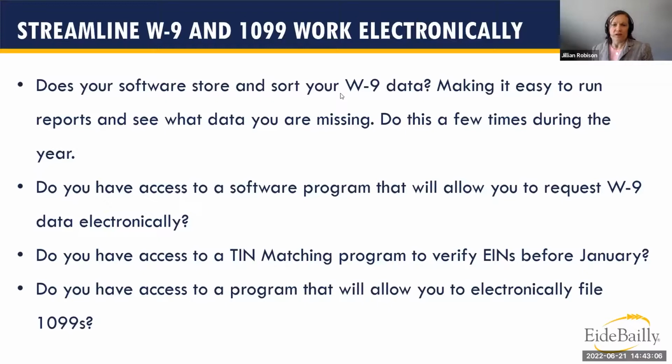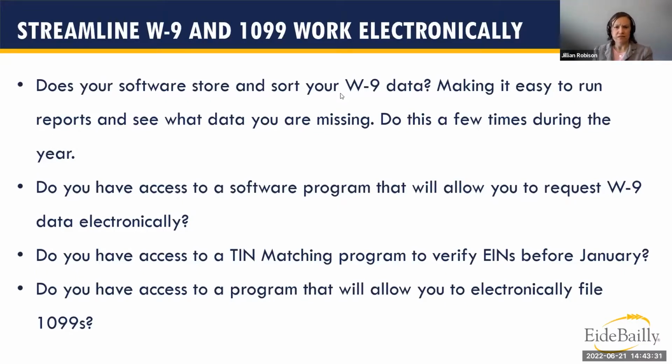And then by the end of the year, you have all of your information. If you also have a software program that will allow you to request them electronically, which is similar to that employee self-service where they can go in and add their own W-9, and there's not something signed with a hand signature, but usually those have the DocuSign abilities. So that's the same to the IRS as a signature on these forms.